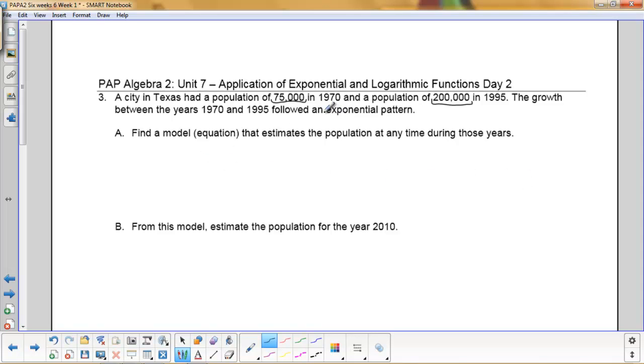We note that this is exponential growth, and since it's exponential growth, we will go ahead and use that formula we just took notes on just a moment ago. Alright, we need to model the equation that estimates that population. So by plugging in everything we know, we're going to get what we need in order to solve this problem.